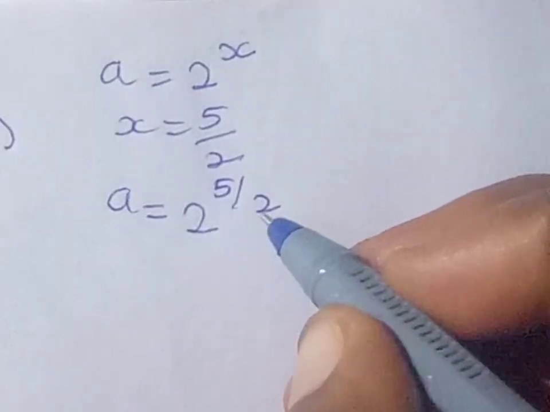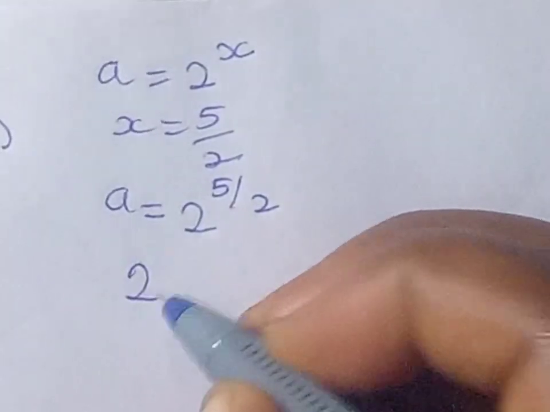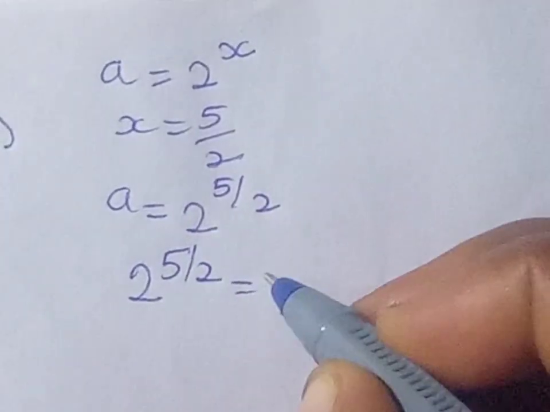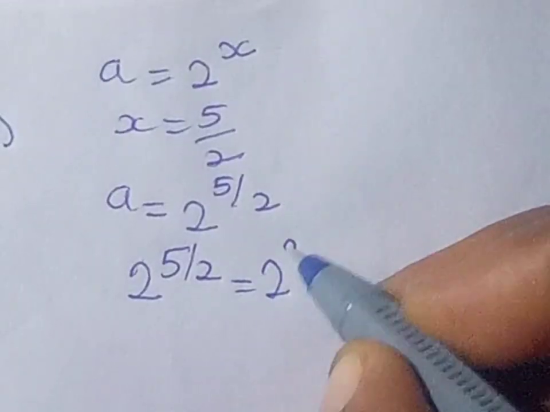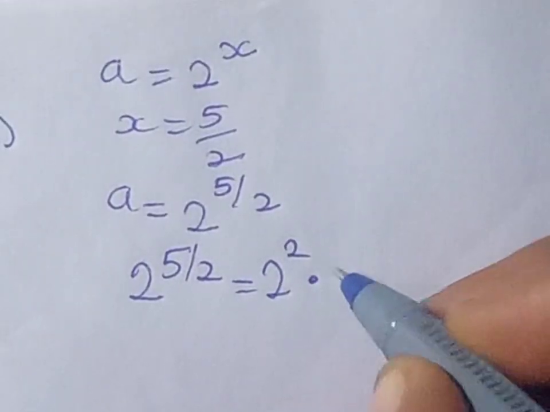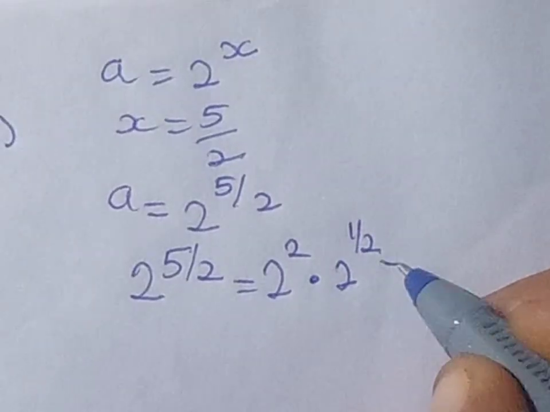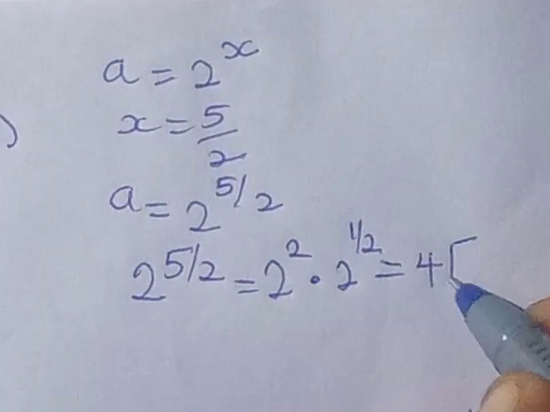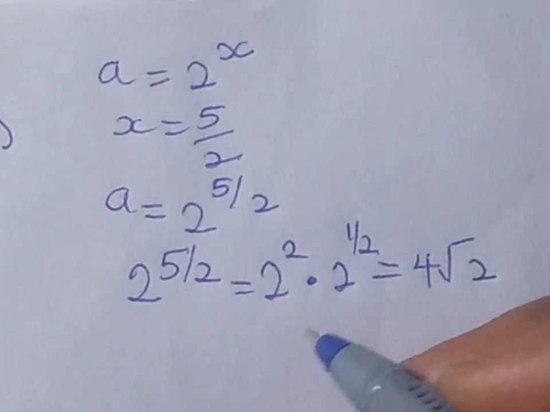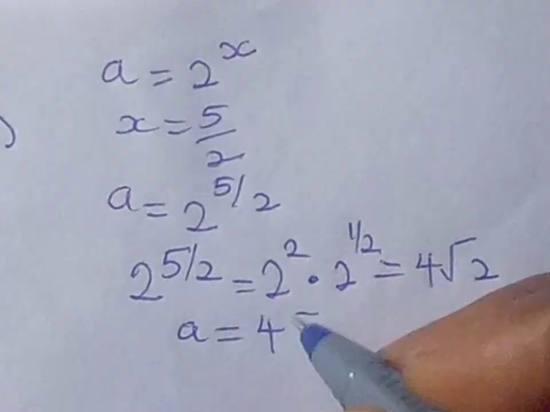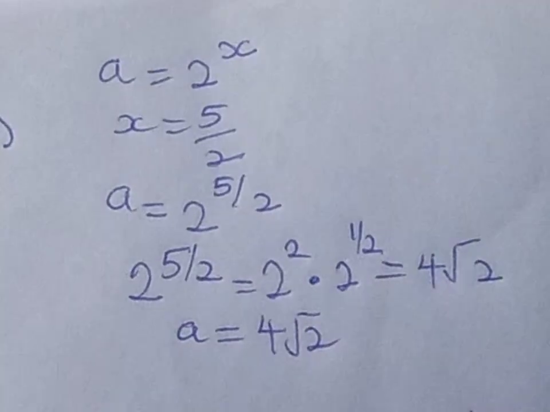Let's simplify this. 2 raised to the power of 5 over 2 equals 2 raised to the power of 2 multiplied by 2 raised to the power of half, which is equal to 4 root 2. So our a equals 4 root 2.